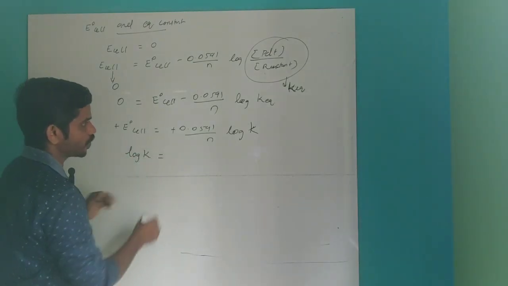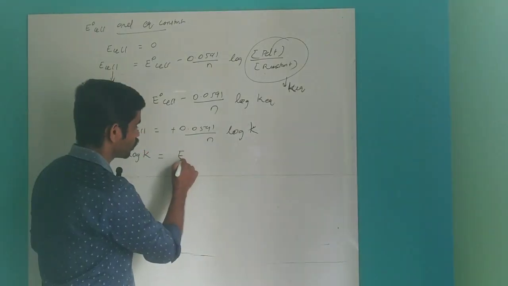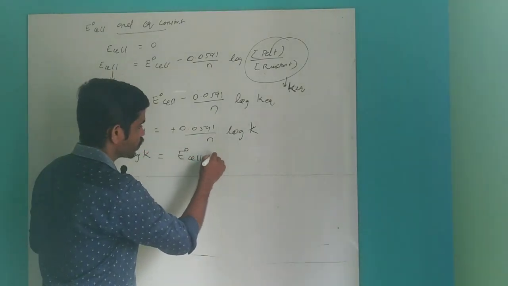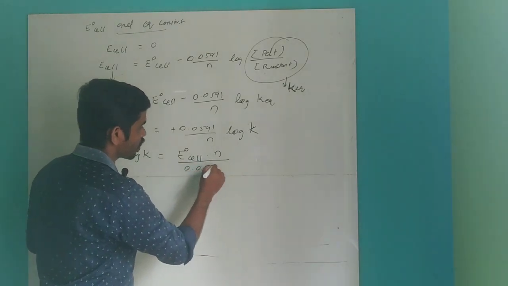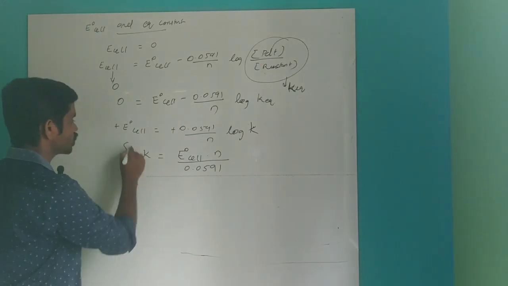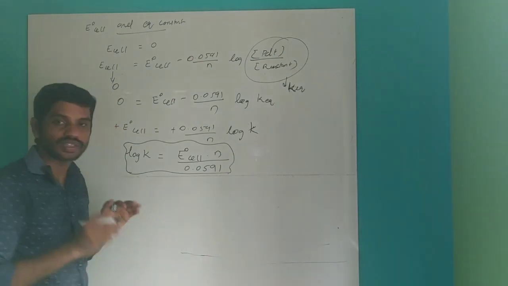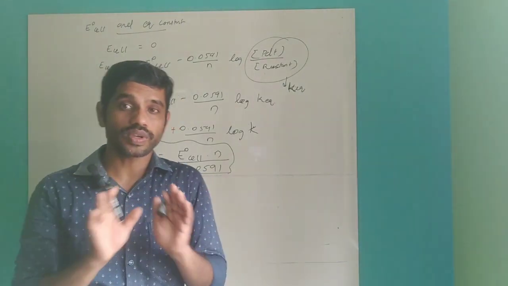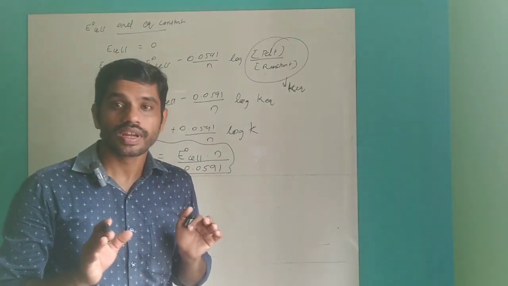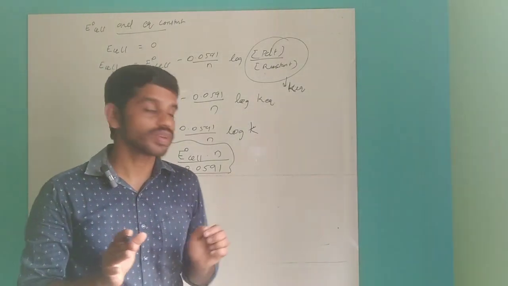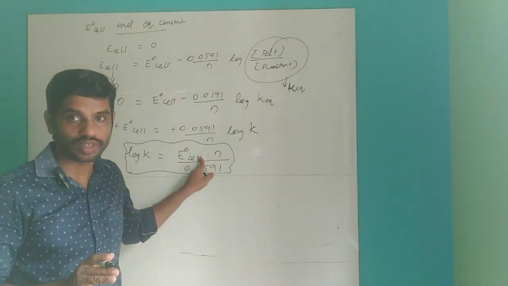Log K is equal to E0 cell into n divided by 0.0591. This is important. Here E cell becomes 0, so log K is equal to E0 cell into n divided by 0.0591. So this is the relation between the equilibrium constant and the E0 cell of the reaction.